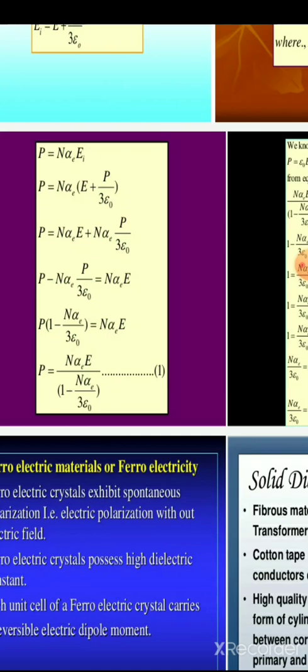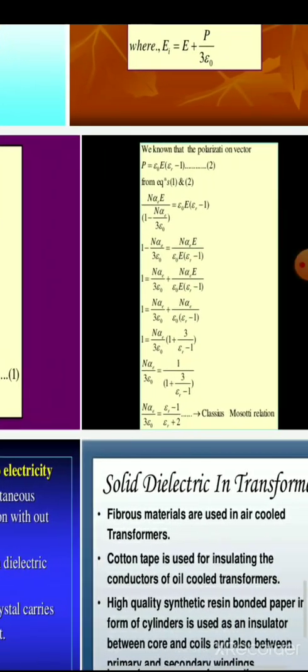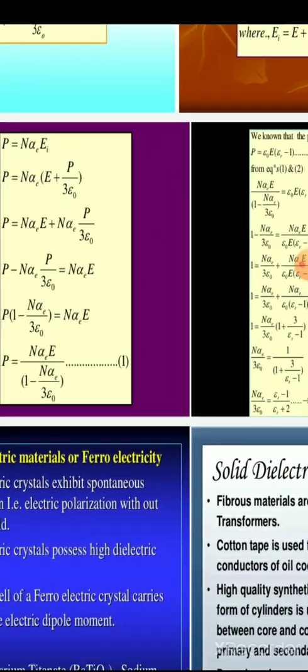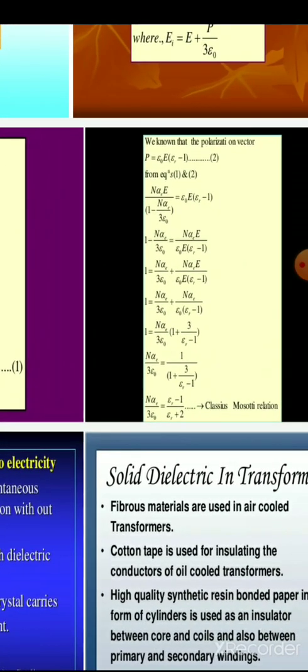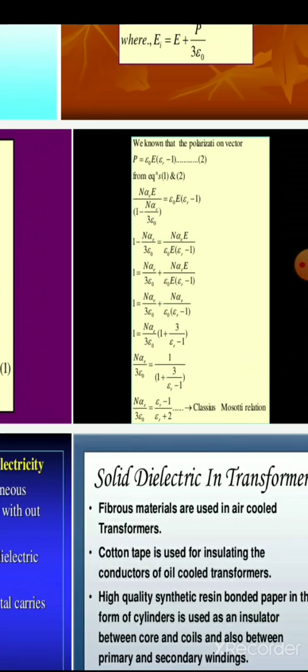We know that the polarization vector P equals epsilon naught E into epsilon r minus 1. From equations 1 and 2, P equals N alpha E by 1 minus N alpha E by 3 epsilon naught, and P equals epsilon naught E into epsilon r minus 1.